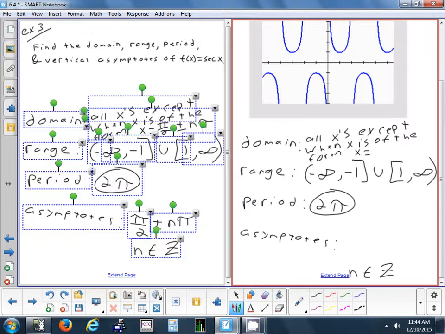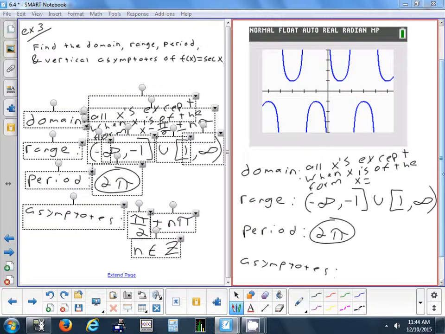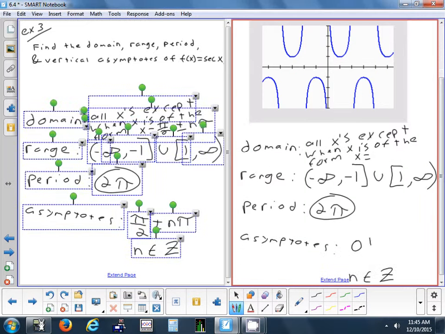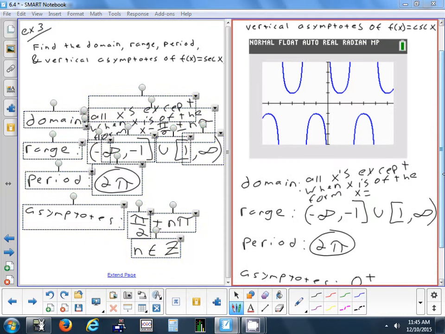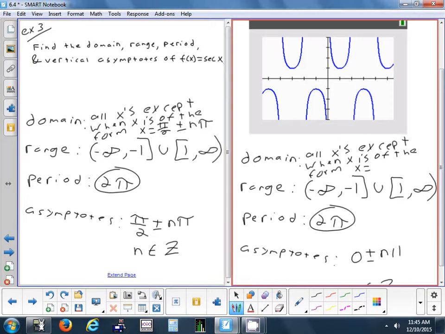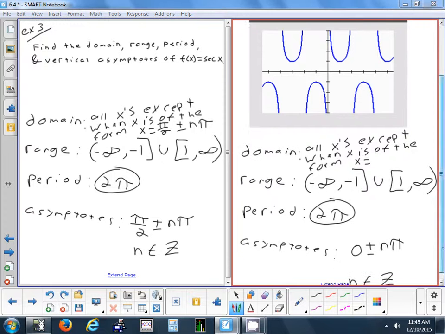Okay, where's my first vertical asymptote here? 0. Yeah, 0. And how often do they reoccur? Yeah, they reoccur every pi units. You could check that if you wanted. Type in 0 in your table, then type in pi, and it'll say error. So plus or minus multiples of pi.